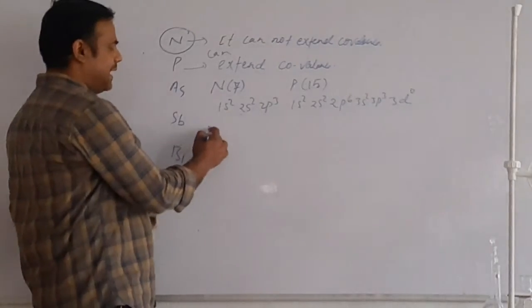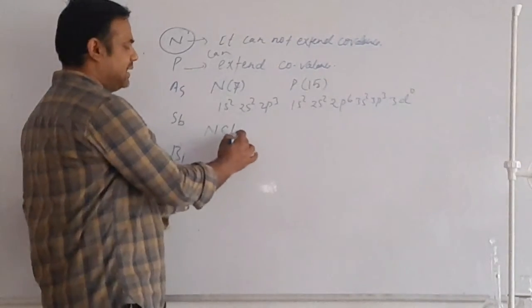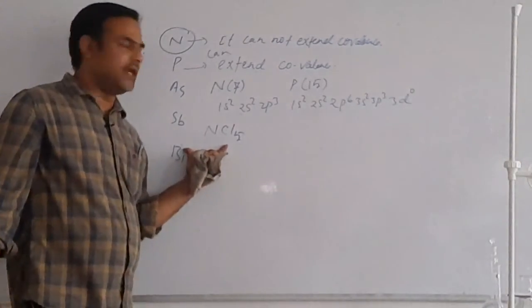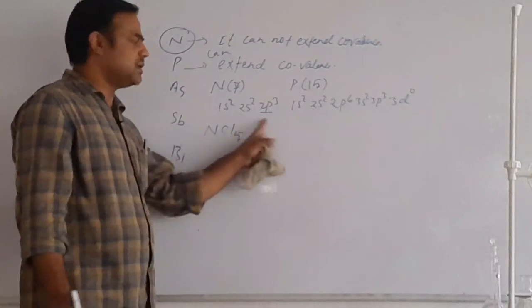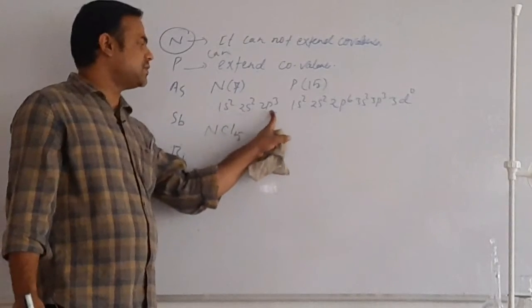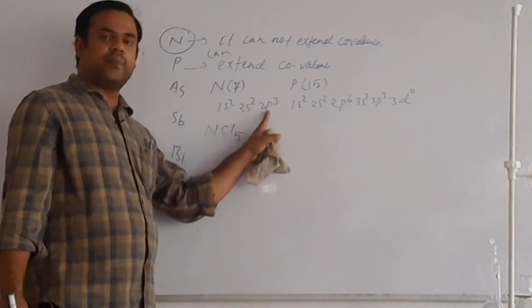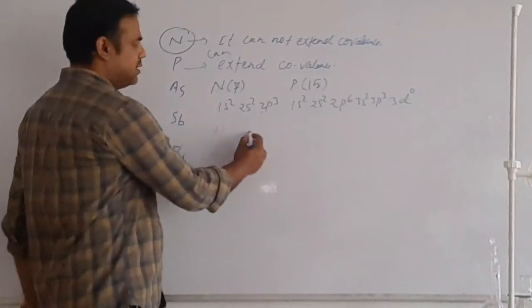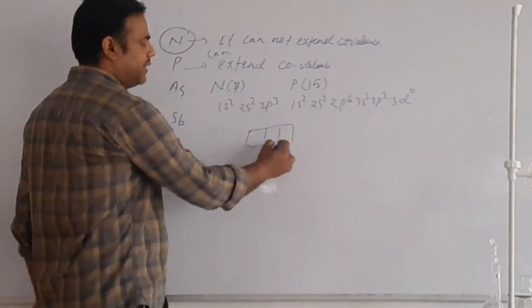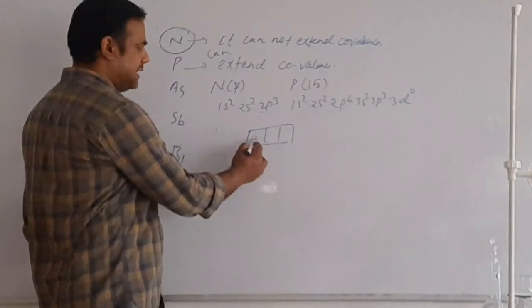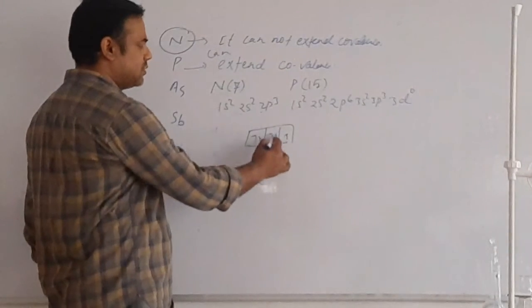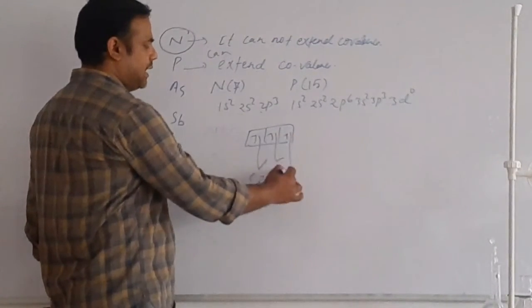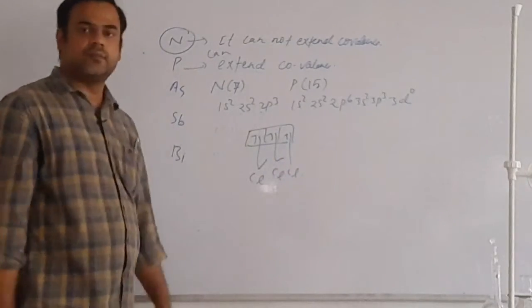If we say NCl5, there will be no formation of NCl5 because in the p subshell of nitrogen there are only 3 unpaired electrons. So only 3 chlorine atoms can make bonds with this nitrogen atom. 3 chlorine atoms will come and share their electrons with these 3 unpaired electrons, and all the electrons will be paired.